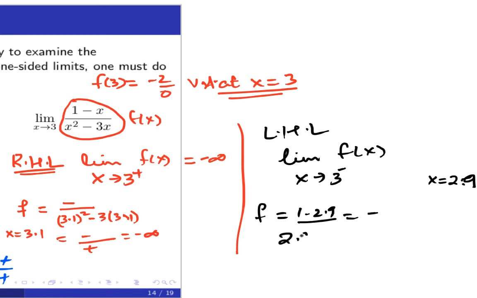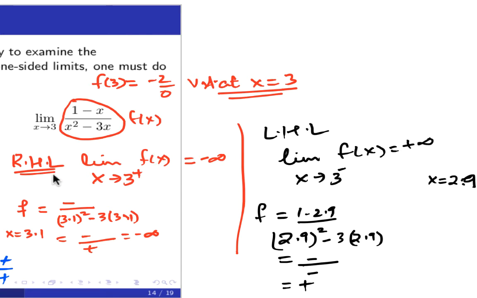And then we have 2.9 squared minus 3 times 2.9. We don't have to write the values, we just know the numerator is a negative number, over 2.9 squared minus 3 times 2.9. What you notice is this also is a negative number, which makes the quotient a positive number. So the sign analysis says the function is going to positive infinity.